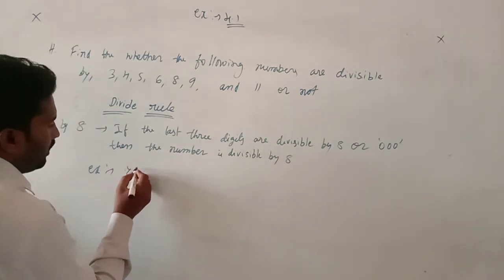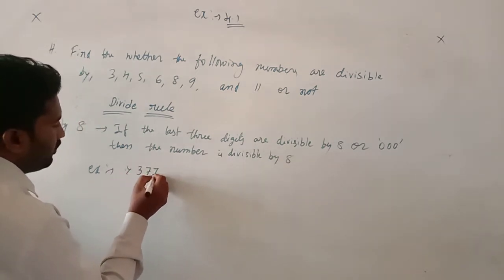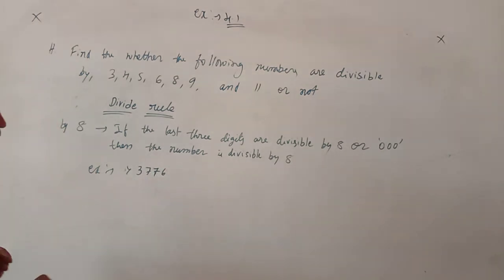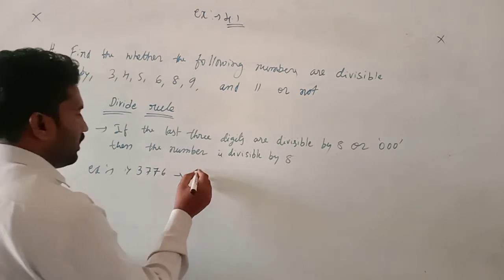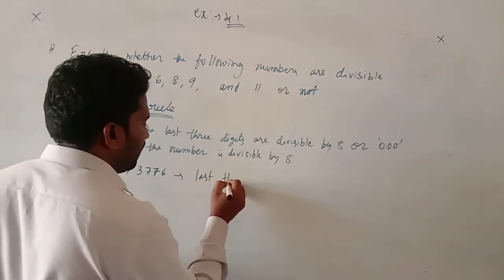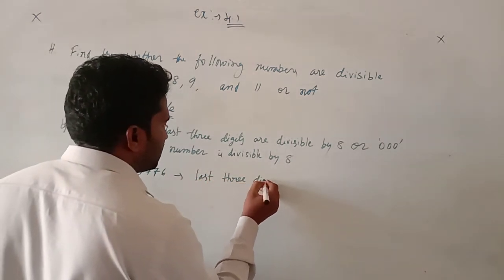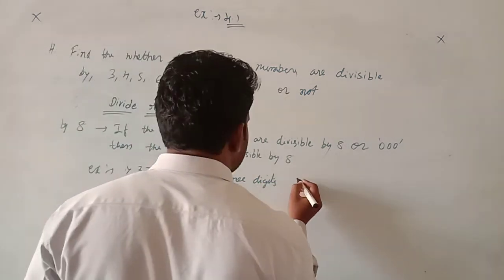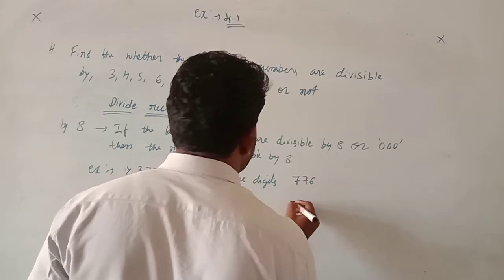Example, 3776. So what are the last 3 digits? That is 776.